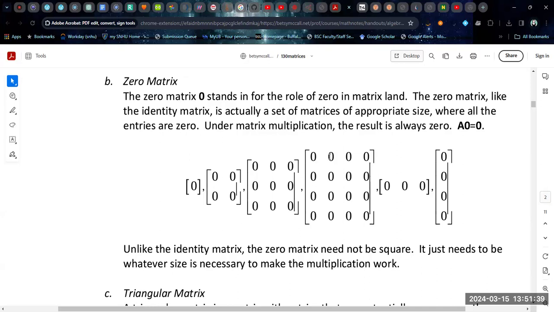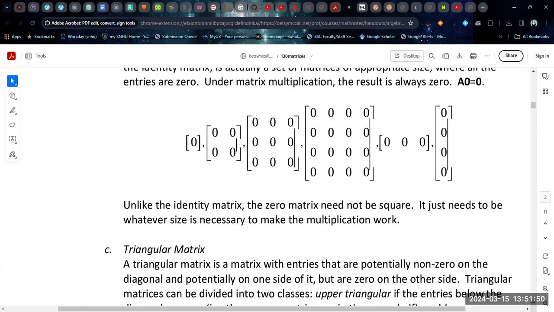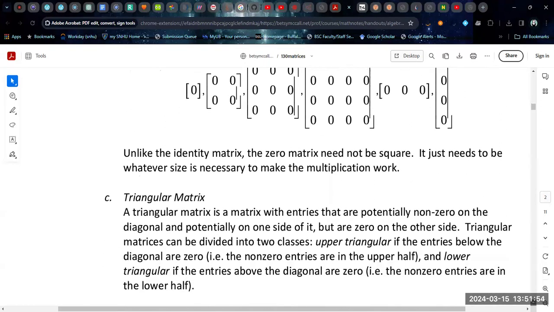But anytime you multiply a matrix by a zero matrix, you get the zero matrix back again. So again, it works like a zero in multiplication. And we'll talk in another video about how matrix multiplication works.